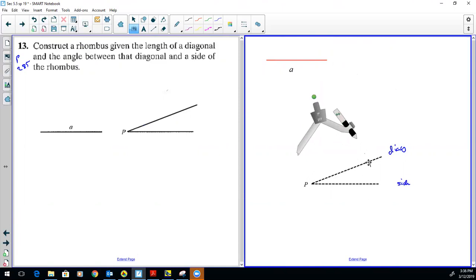Okay, now, what do you know about, let me go back. Okay, I tell you what, let me just start all over again here, because I don't think I had my pointy end on the vertex. And the distance from P to wherever this mark is, that's going to be the diagonal A.